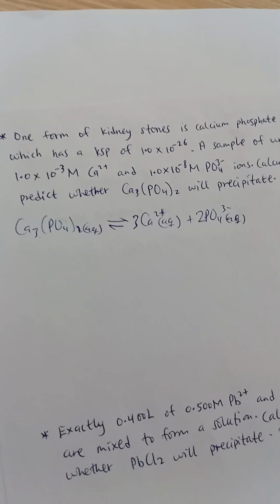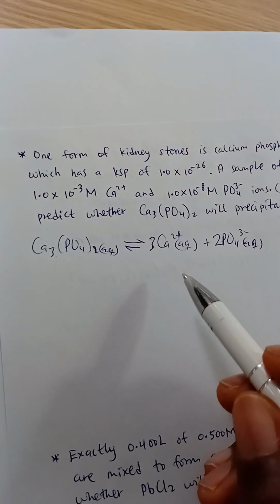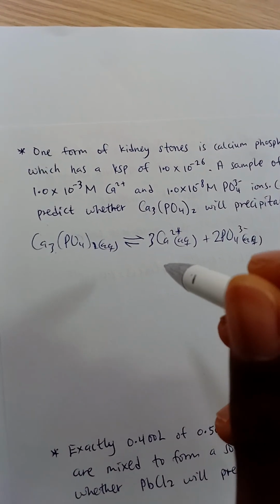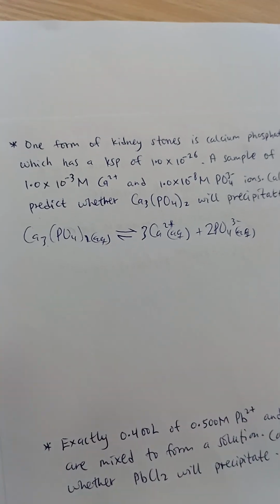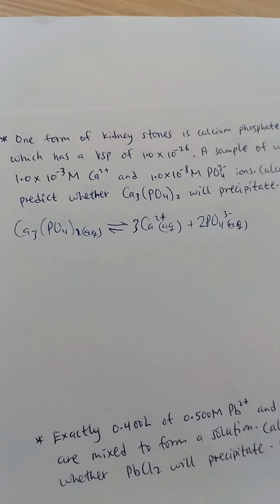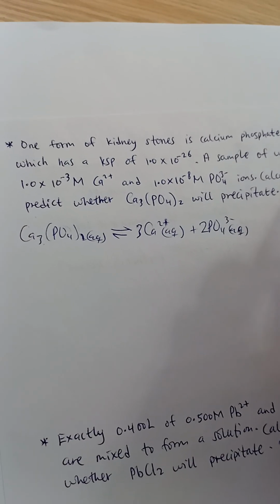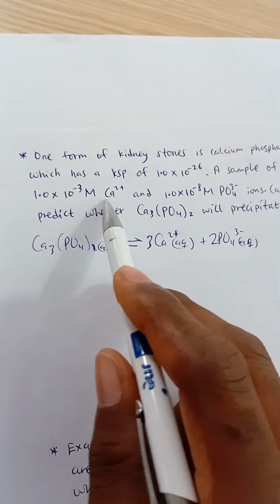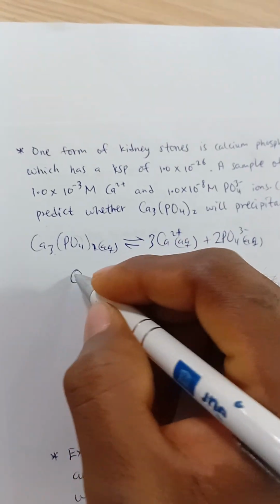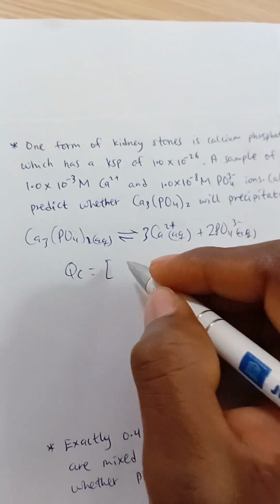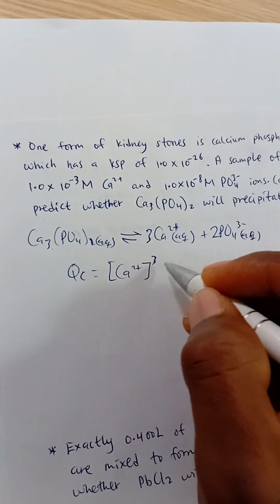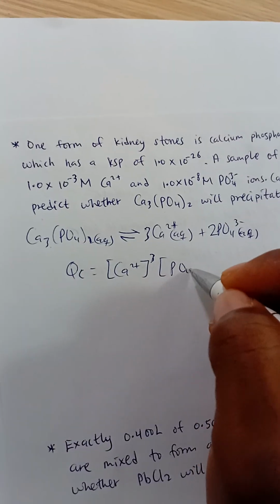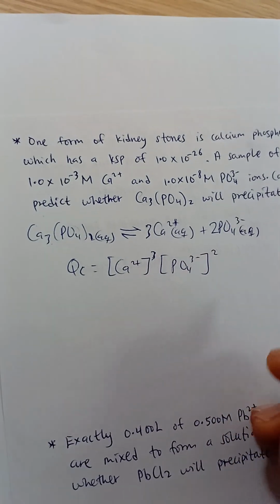Okay, yeah, we are not using the solubility itself to calculate the concentration. This is ionic product, not KSP. KSP uses solubility, but ionic product, we are going to use what? The actual concentrations of the ions. But just that the expression is the same. So to the power 3, to the power 2.